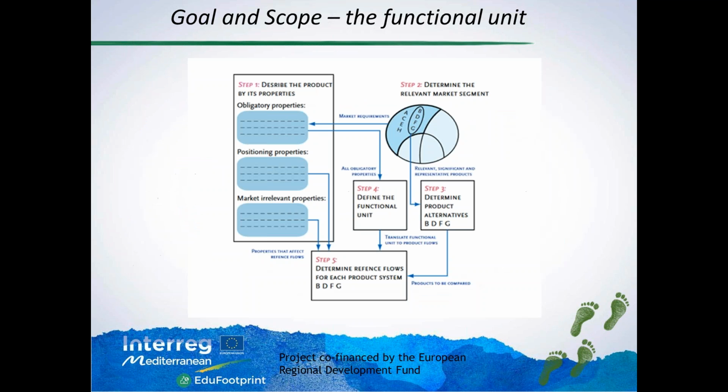Let's go in here. So maybe now it's a little bit easier to understand this kind of picture. First of all, you have to describe the product by its properties, obligatory properties.